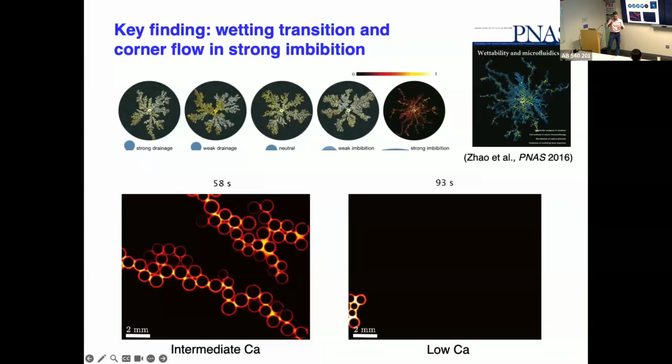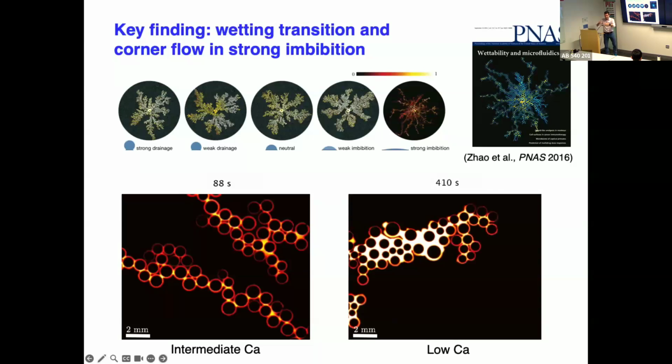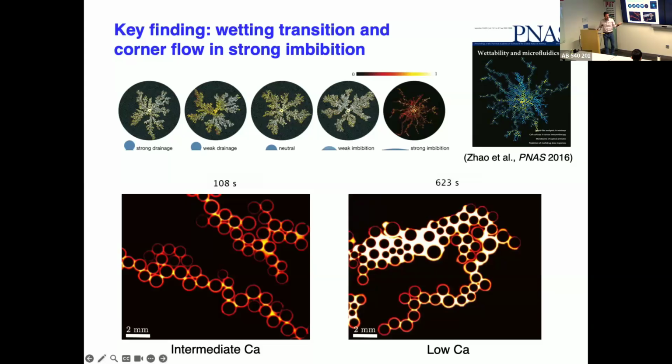This is a movie that has been sped up, but this process happens in sort of avalanches. The films form, and then they have to swell enough to reach a neighboring pillar, and then there's a cascade of coating events.